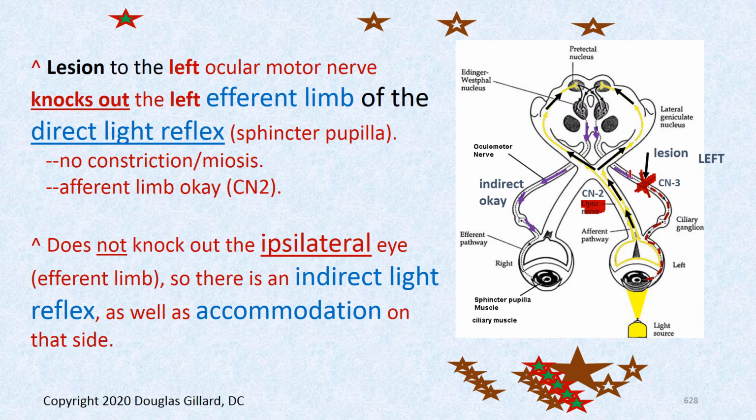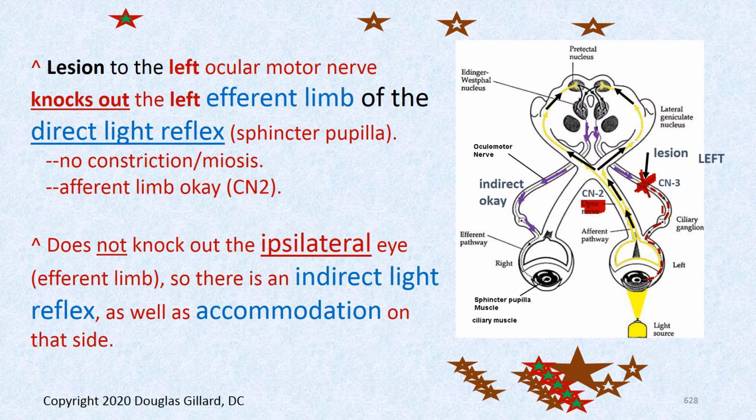These are called the efferent limbs. Efferent limbs. And those are our oculomotor nerve. Right? So if the lesion is here, the signal gets blocked right here. So this eye is messed up. But there's nothing wrong with this eye. Everything will be fine. Accommodation will be fine. Accommodation reflex will be fine. Everything will be fine. The muscles of the eye will be fine. But this one is messed up.